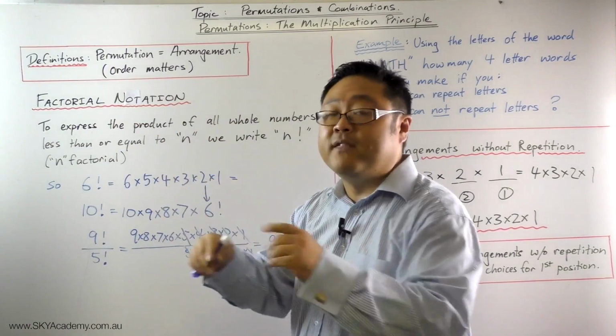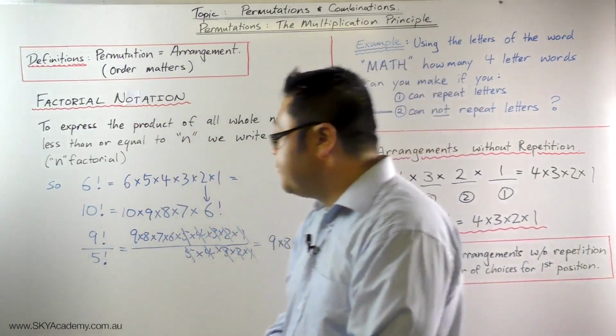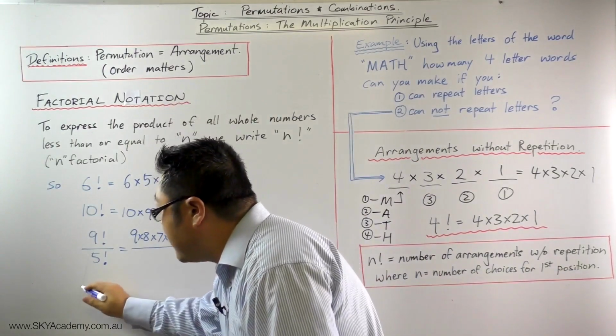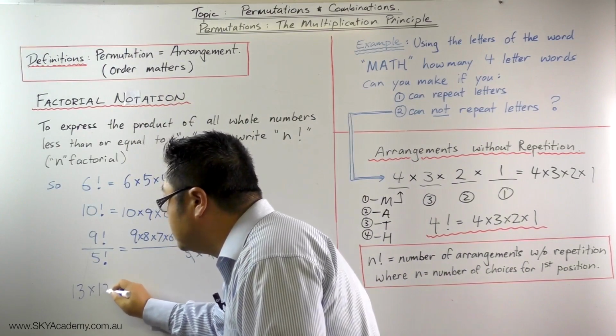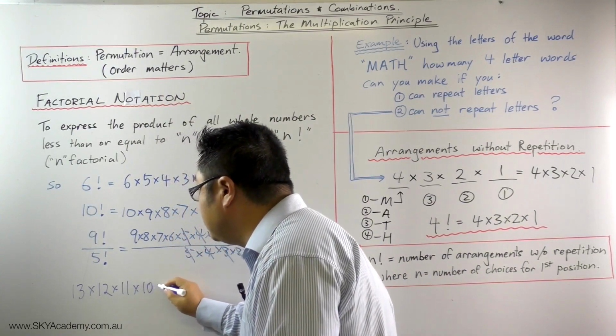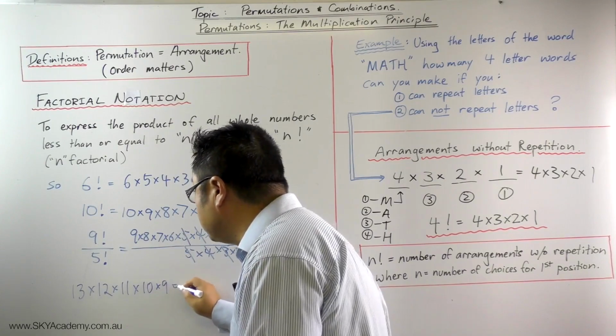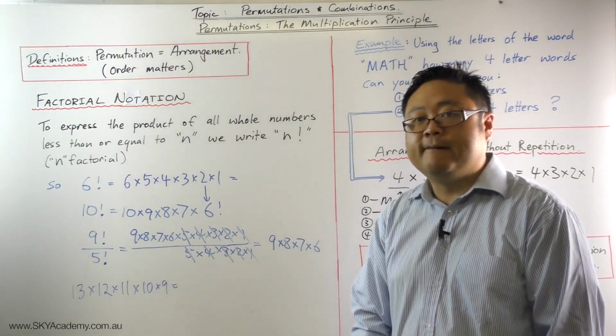So, I'll just do one more example and I'll end off here because this will set us up nicely for the very next episode, right? And that is, if we wanted to work out what, say, let's try this, 13 times 12 times 11 times 10 times 9 is, right? How would we write that in factorial notation, right?